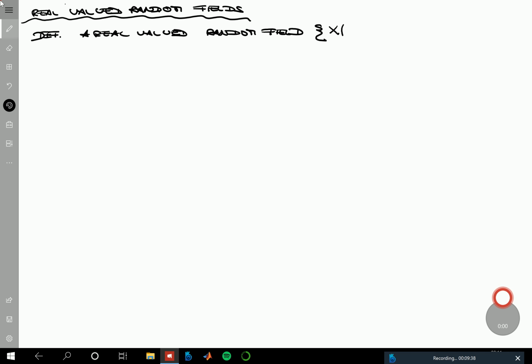A real valued random field X, for which x in S, on a domain S subset R^D, is a set of random variables.